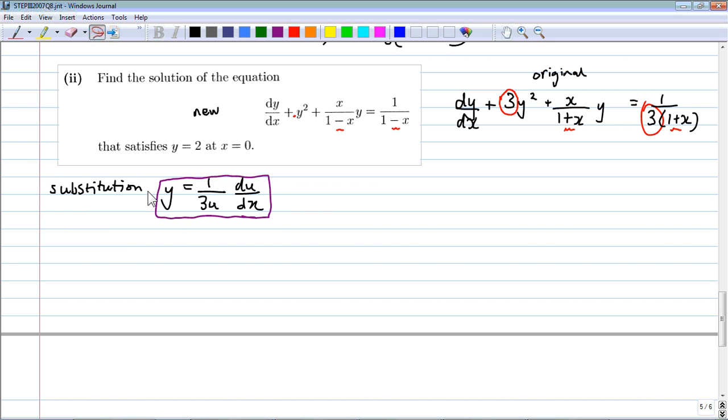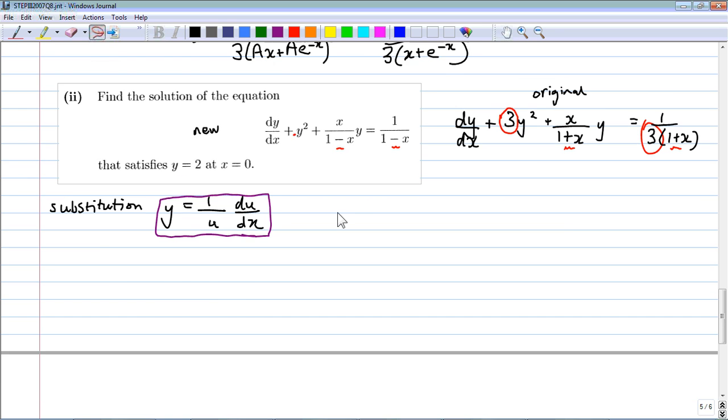Well, the first thought that should spring to your mind is that because there was a 3 in the original which has now disappeared, then probably we don't need this 3. And as it turns out, that is indeed the right thing to do. So we're going to change the substitution so there's no 3.